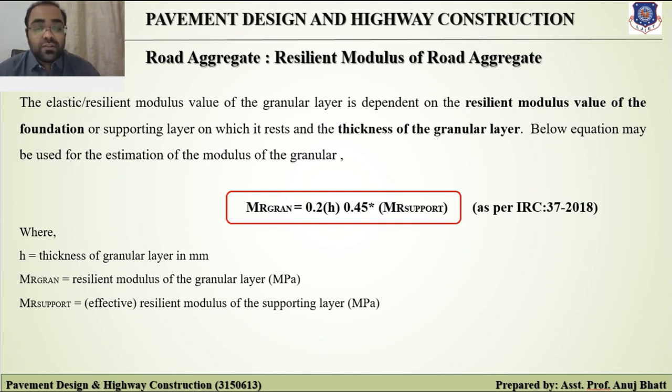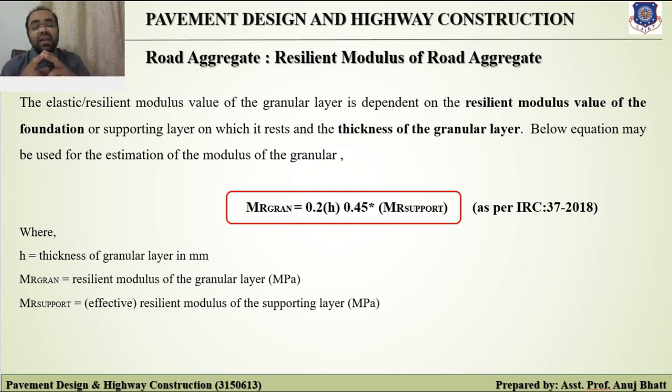The modulus of resilient for the granular layer is the product of 0.2 into H to the power 0.45 into the resilient modulus of the supporting layer, wherein, as we discussed above, it depends on the resilient modulus of the supporting foundation, that is MR support, and H, the thickness of that particular layer.